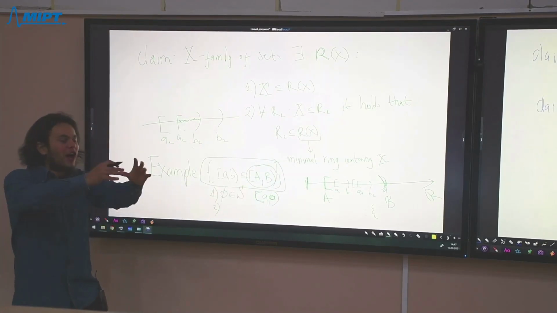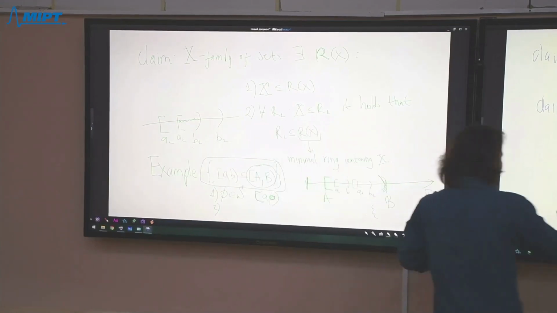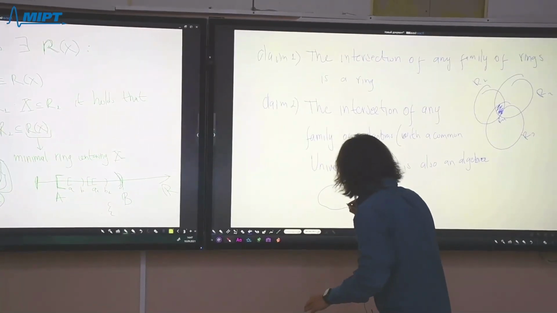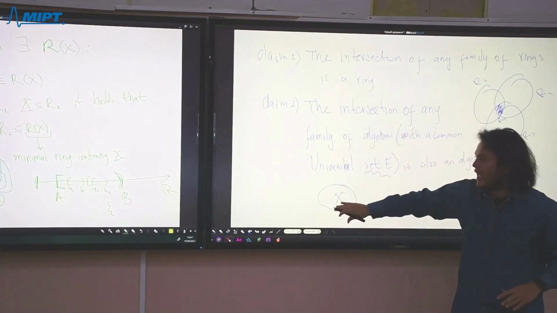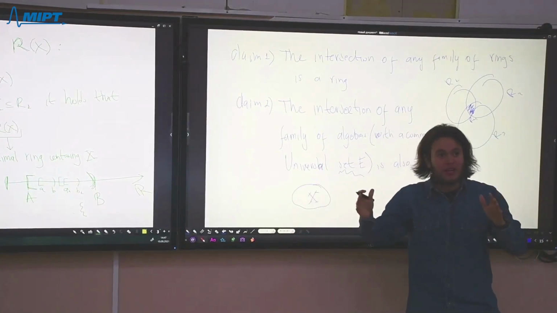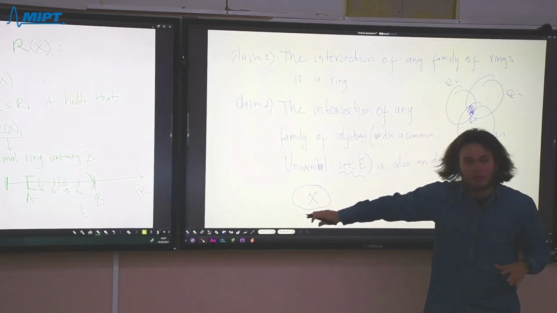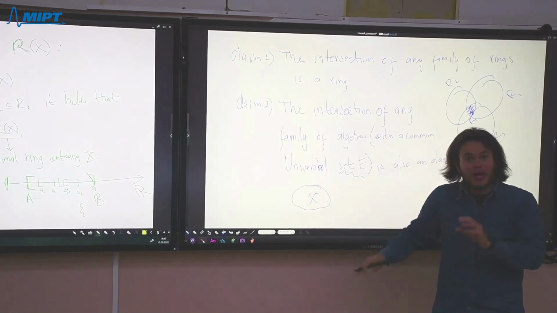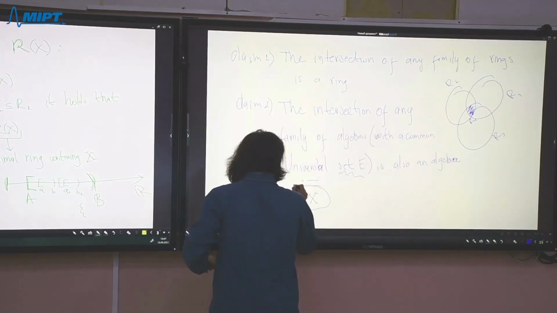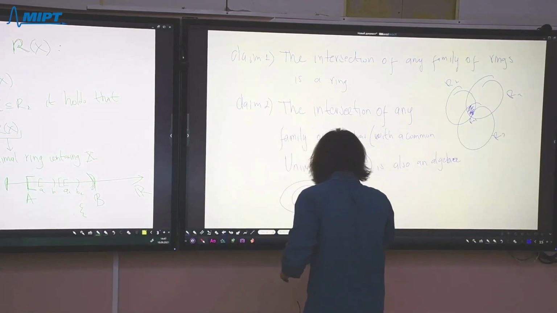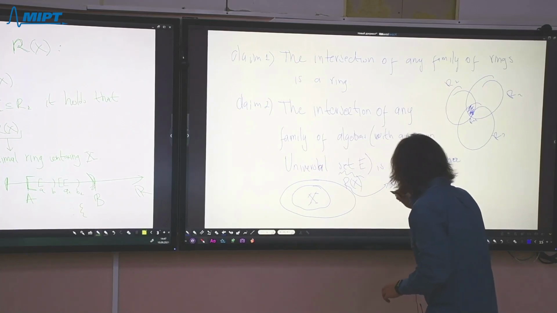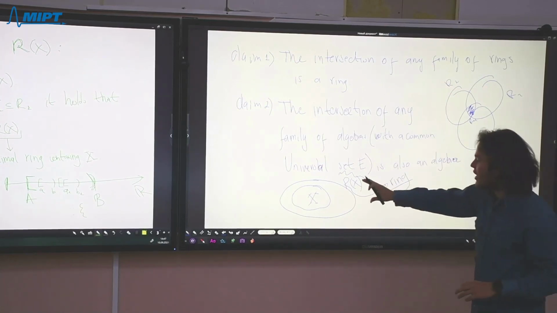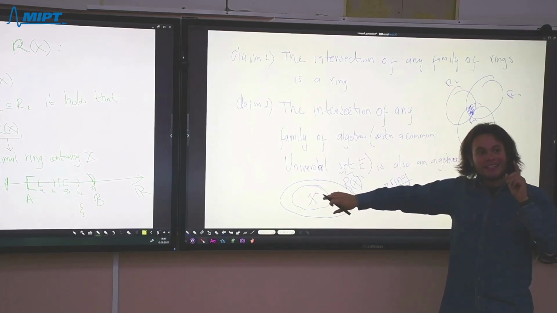So this is capital X, for example that half interval family, which is a semi-ring in that case. And there exists some R of X, some ring which contains X and is the minimal one.